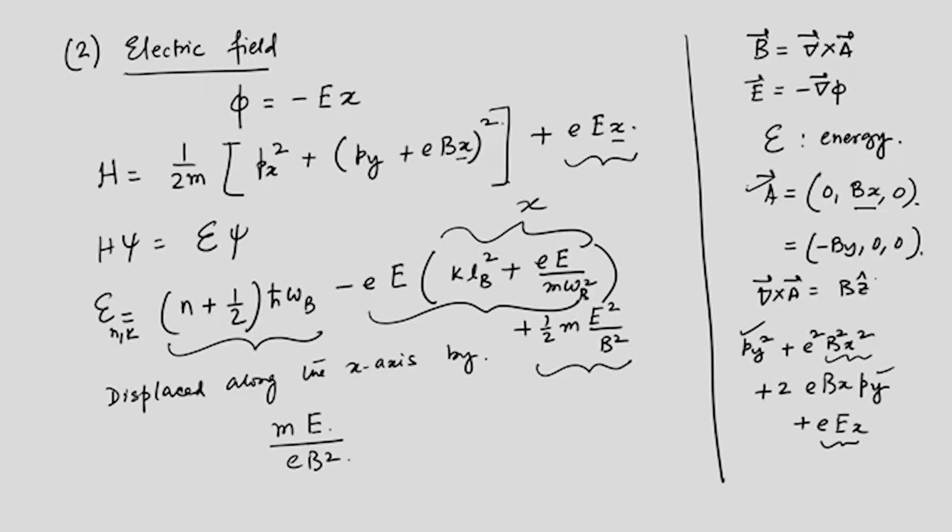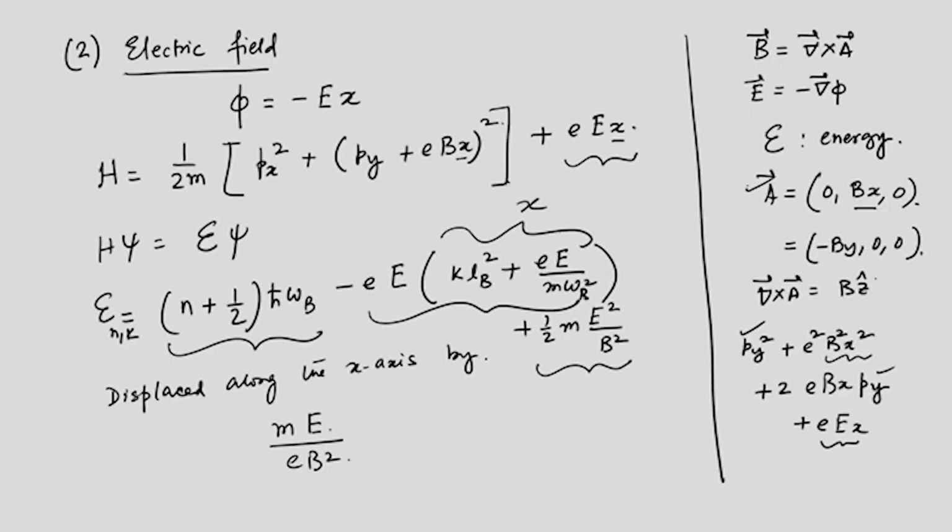Remember that you have taken the gauge to be in the y direction, which is B into x. So this is what happens when you take the spin and the electric field into consideration for a charged particle.